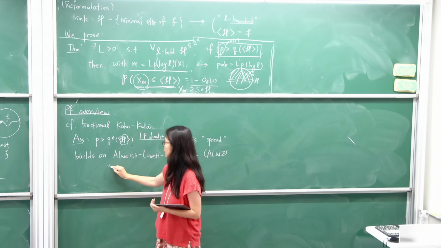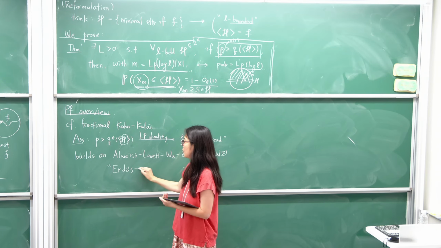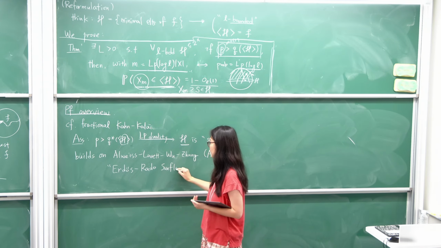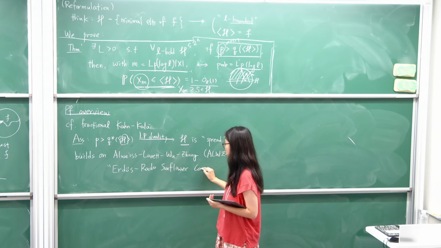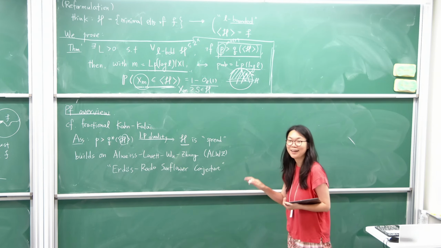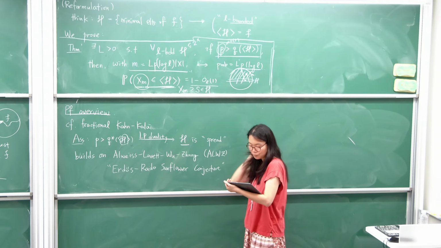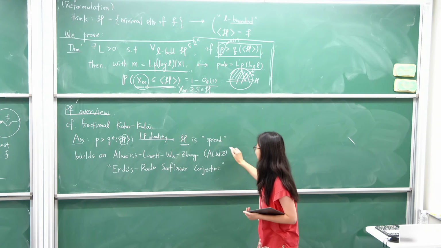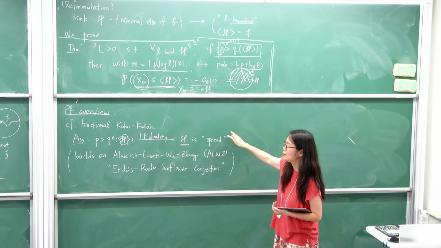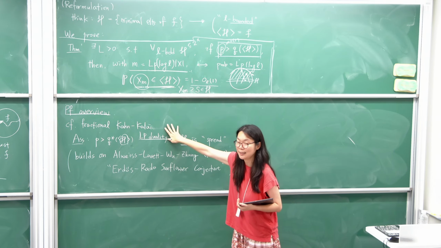They made the breakthrough work on the Erdos-Rado sunflower conjecture. Again, let me not explain what this is because it's too much abstraction. This is the starting point of this argument, and let me roughly explain what happens in this work.